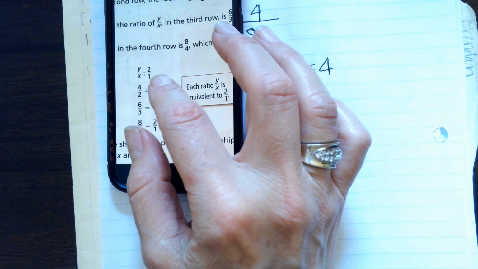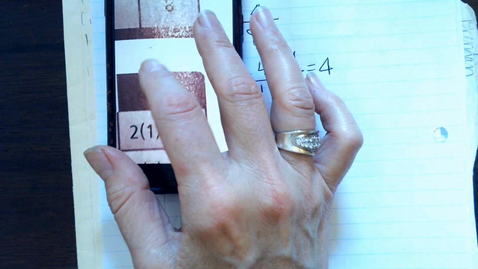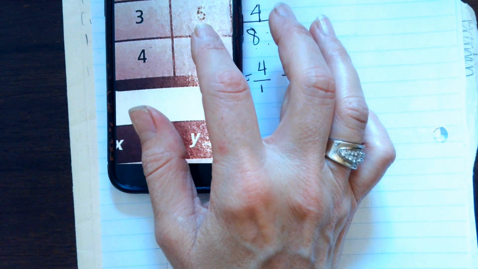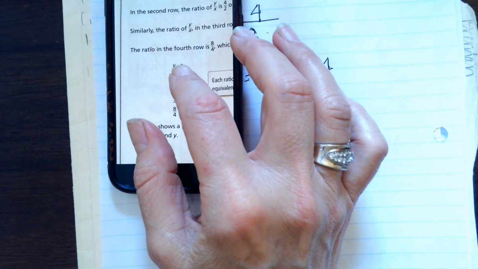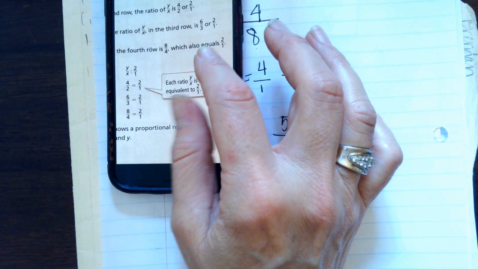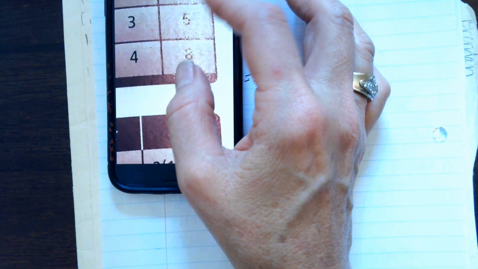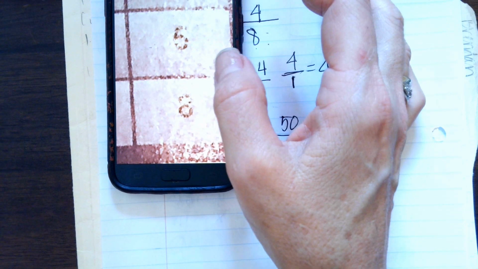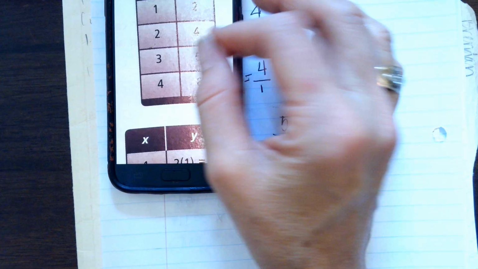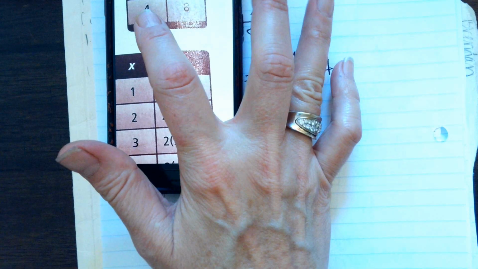The third row is 5 over 3. Why do they say 6? I see that as a 5. Doesn't that look like a 5 to you? Oh, it's a 6. Looks like a 5. And then fourth row is 8 over 4. So here's your 8, here's your 4.